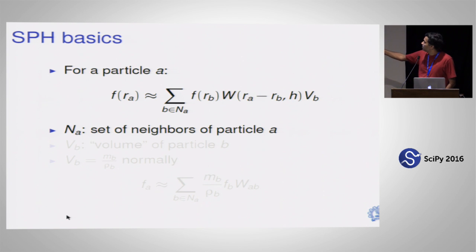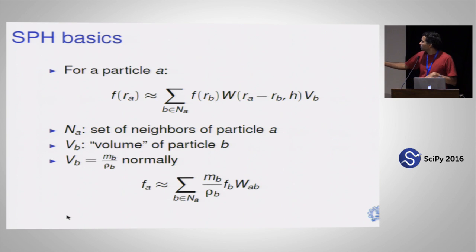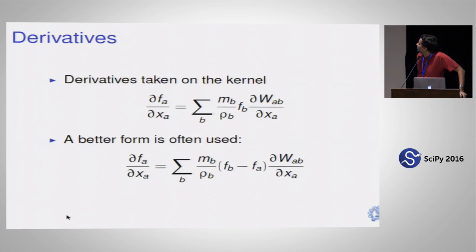So you sum over only the nearest neighbors of this particle A. N_A is the set of neighbors of particle A. And then you need to estimate the volume that you associate with each particle. That's typically done in SPH by using m by rho. So you associate a mass with each particle, you have a density, and then you approximate. This is one of the reasons why some people say it's ad hoc. But there are better ways to do this. This is just SPH 101.